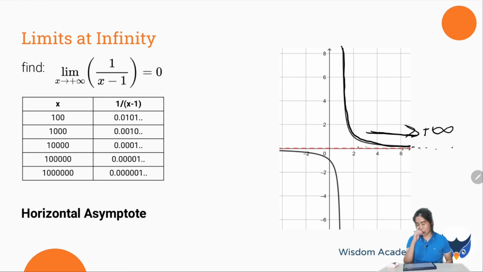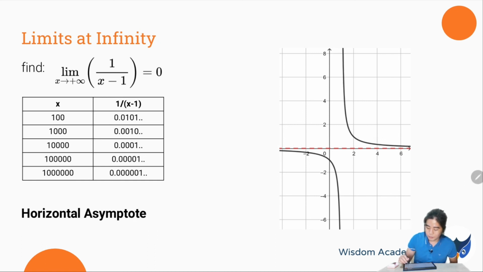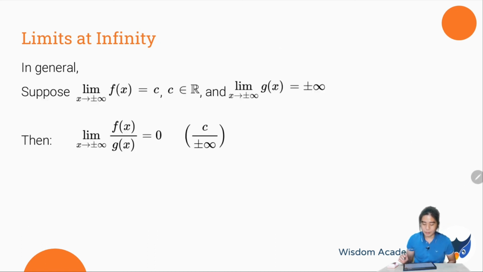And in these cases, since we are discussing about vertical and horizontal asymptote, we can see na limits at infinity are used to denote horizontal asymptotes compared sa infinite limits na nagdi-deal with vertical. Ito naman, horizontal asymptotes.